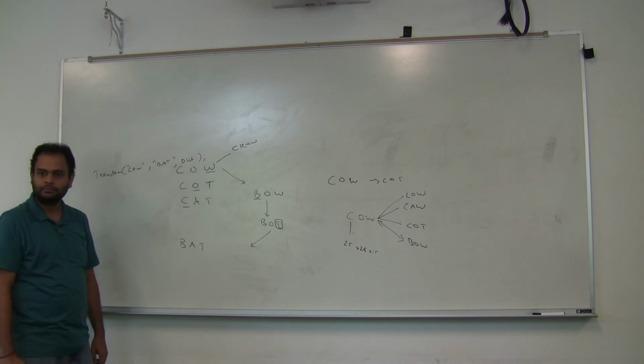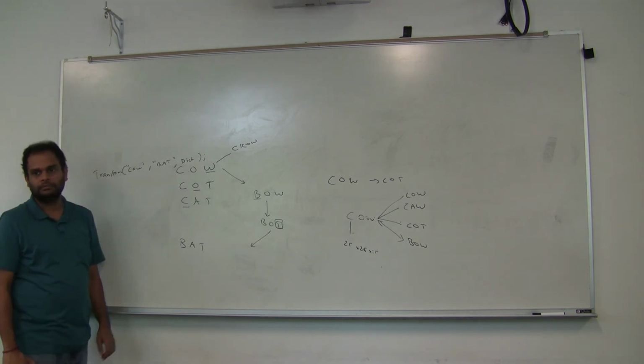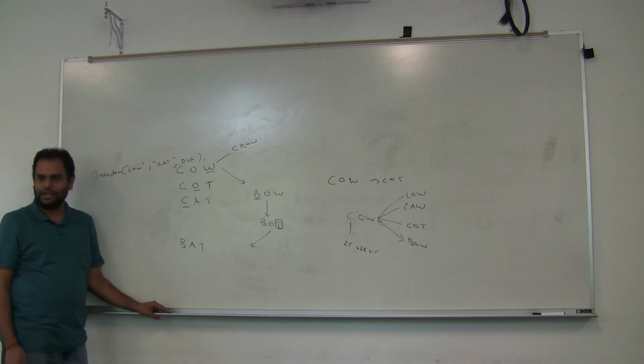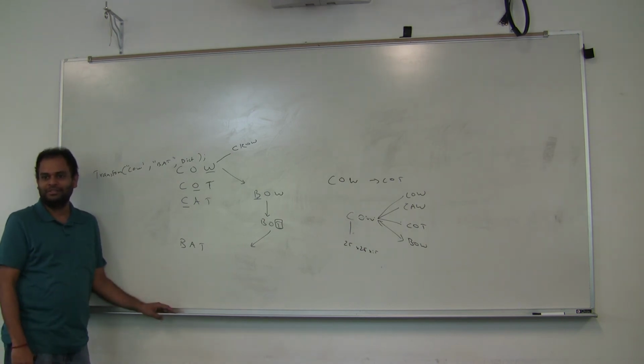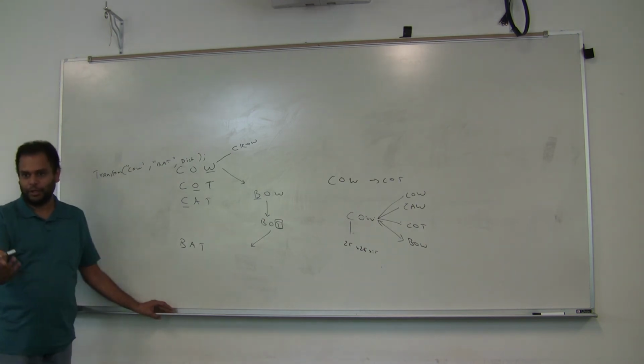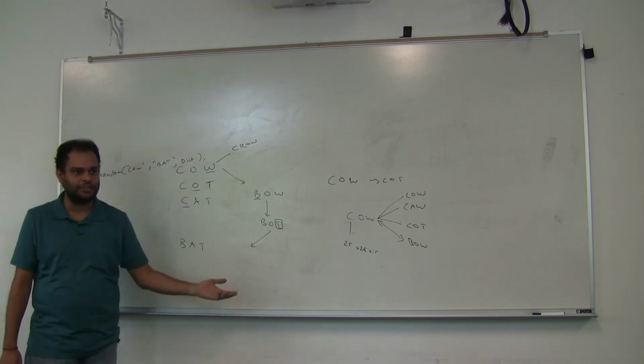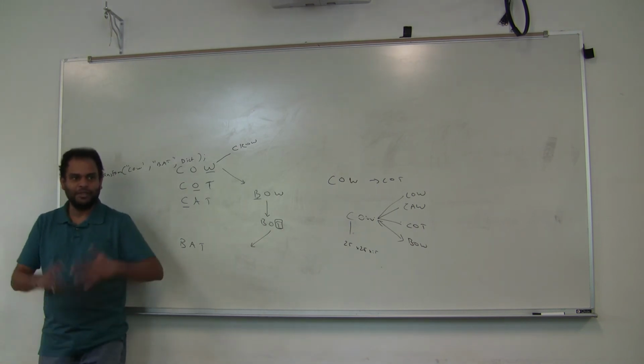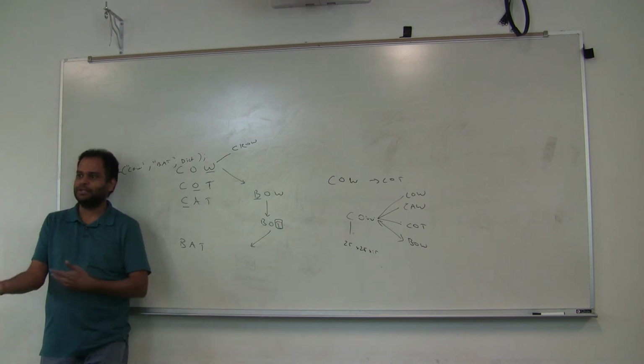But even in a graph we would store this information in some extra structure, like already visited. So instead of keeping visited elements, you can just remove it from the dictionary, and then you'll never come back to cow because cow is no longer a valid word. That is another way of doing it. But you can also keep a set of visited words, which might eventually be as big as the dictionary. That's all.